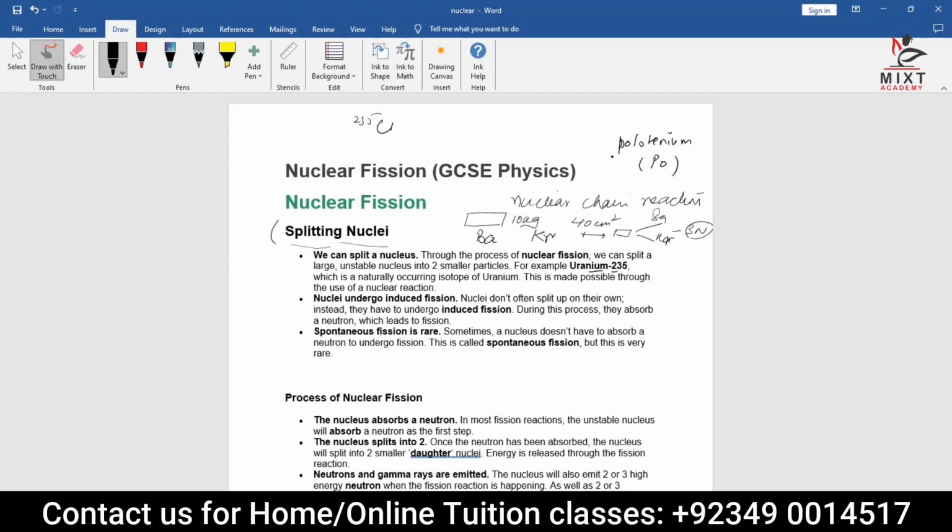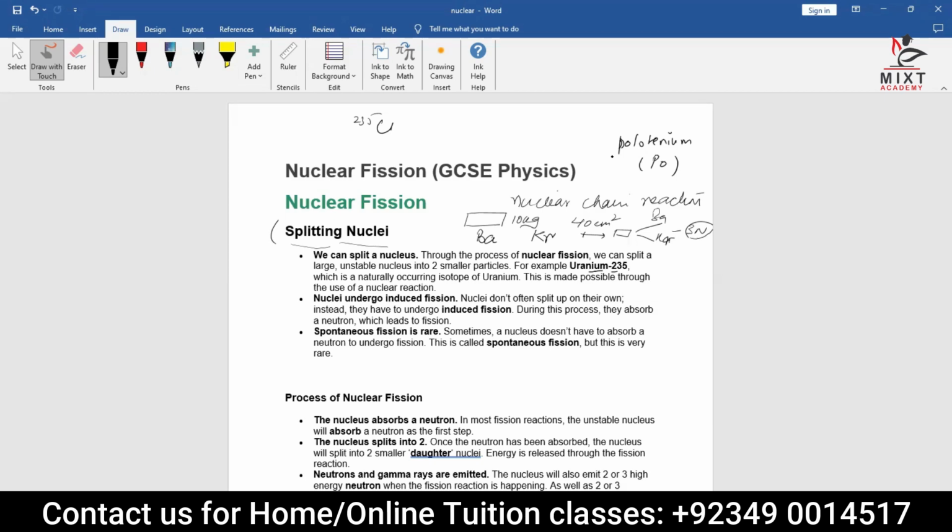During this process, they absorb a neutron, which leads to fission. So how do we perform it? We perform it by bombardment of neutrons on an isotope of uranium. So that's how we do this.